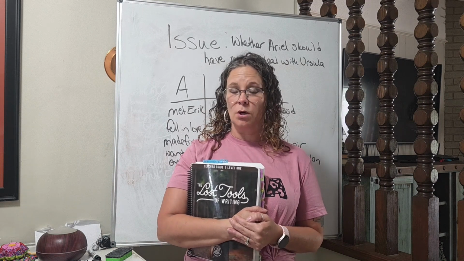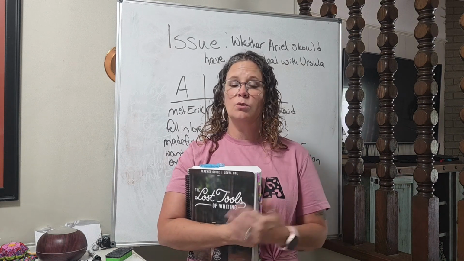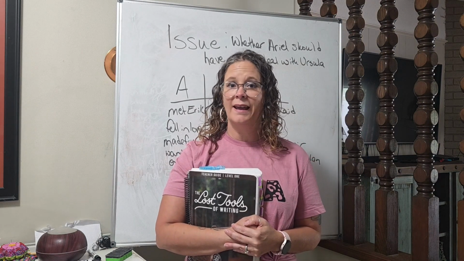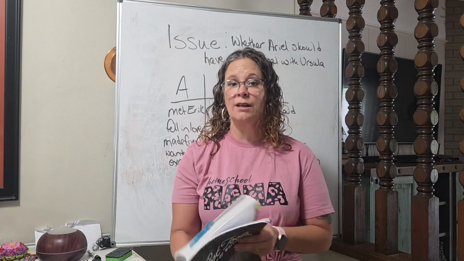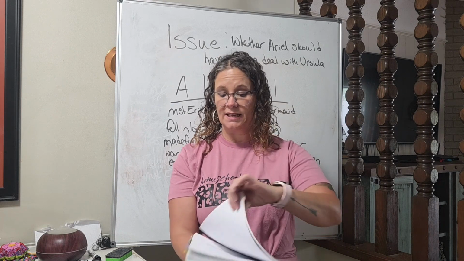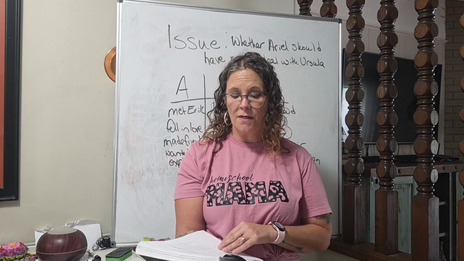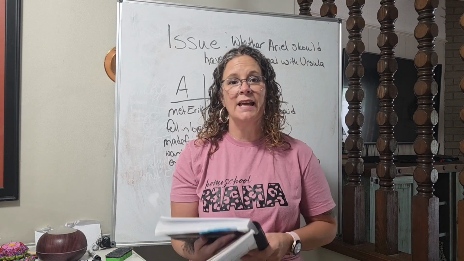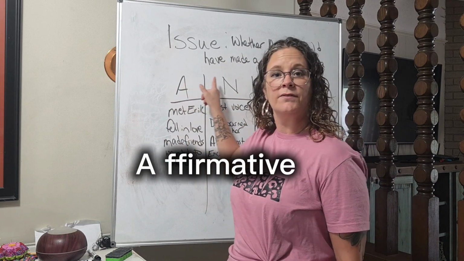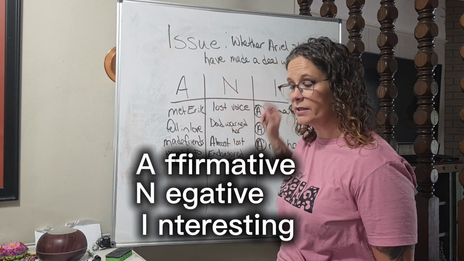And the end result of an invention week will always be an Annie chart. That's the next term I'm going to teach you about. An Annie chart, which is introduced in the very first essay, is the method that we use to teach the students how to organize their thoughts, and it stands for affirmative, negative, and interesting.